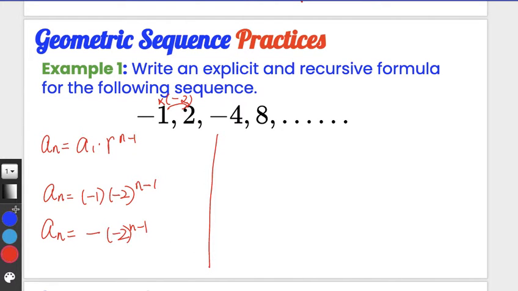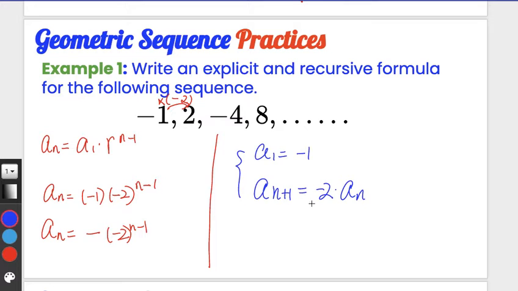Now let's use a different color to write down the recursive formula. Remember, for the recursive formula, we always need to provide the first term, which is -1, and we need to define the next term. In order to get the next term, we need to multiply by -2. So -2 times the previous term, and that's it.